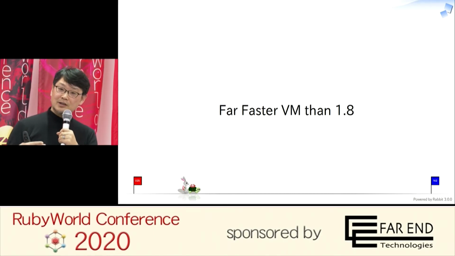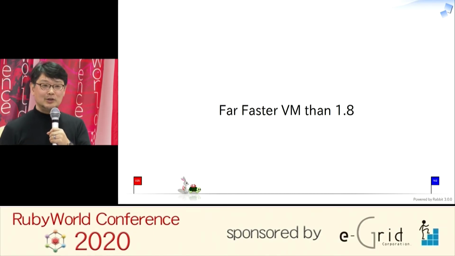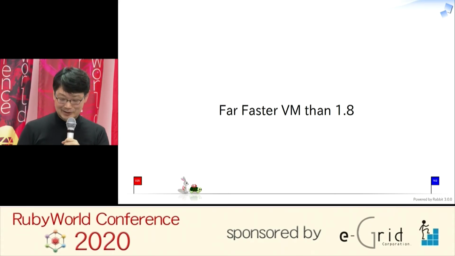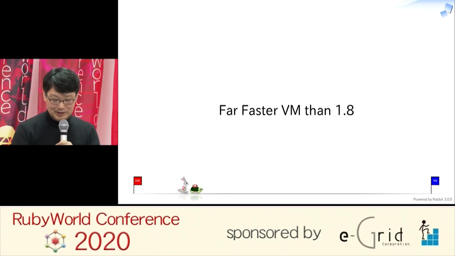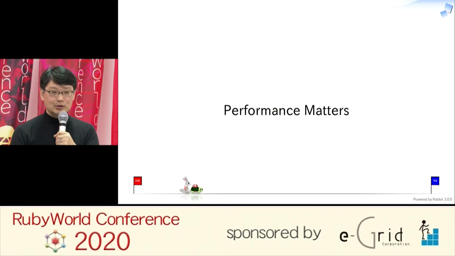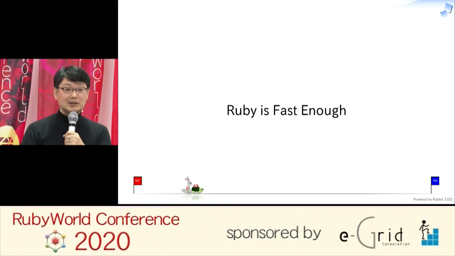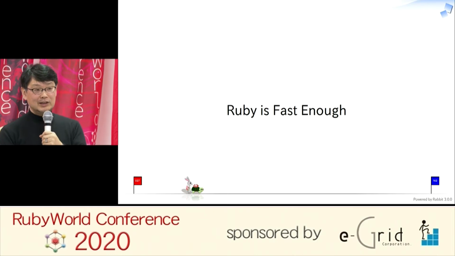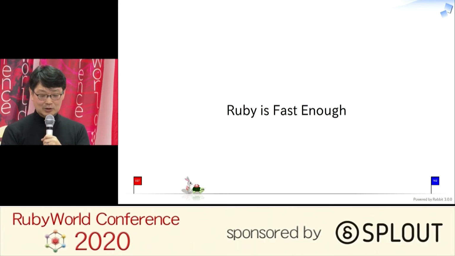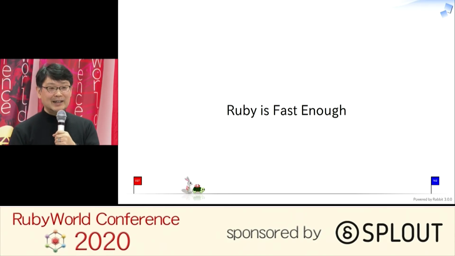Because 1.9 was faster, even if it was a little bit more expensive to migrate, we could give the benefit to the user. We could demonstrate that to the user, I should say. So I think speed is quite important.